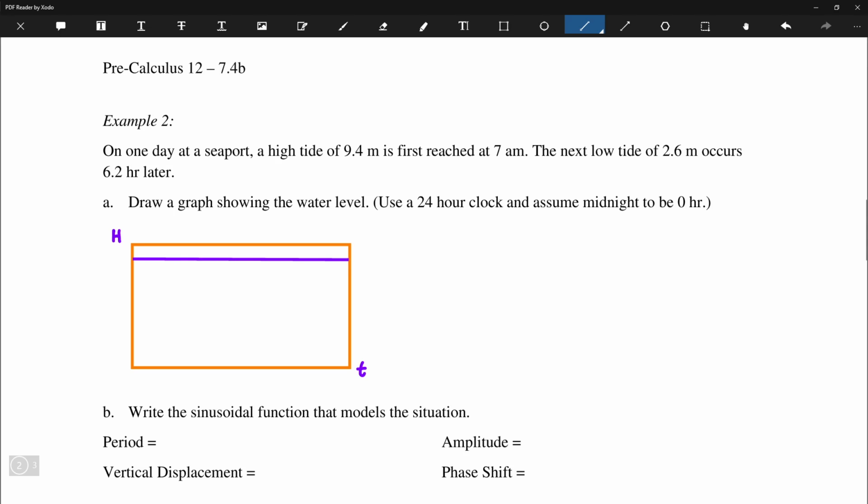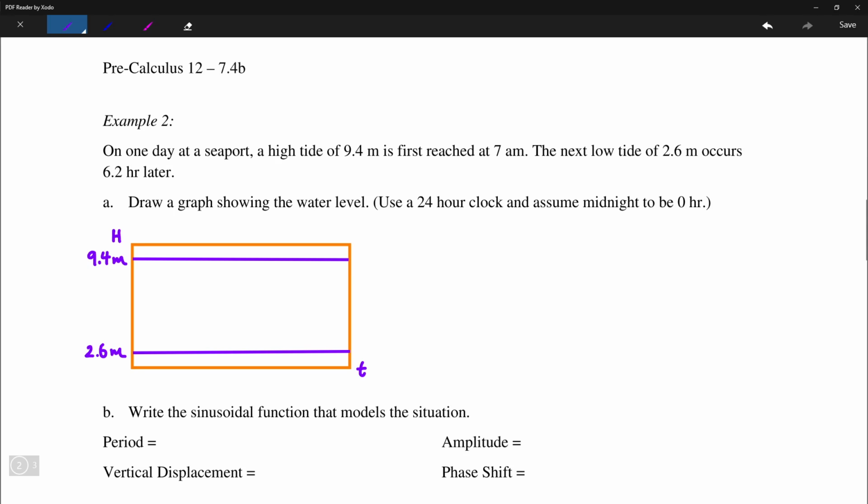And then the low tide is at 2.6 meters. So this is the 9.4 meters at the top. Let me make a little bit more space. There we go. So we can write the unit in there, and then 2.6 meters is the minimum.